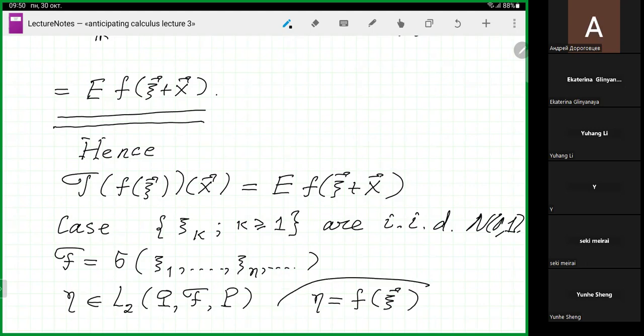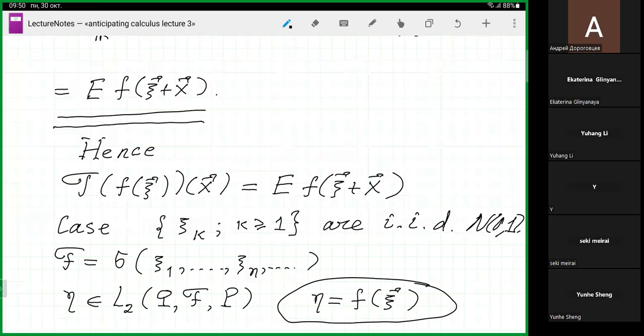And this representation was useful not only in understanding the Fourier-Wiener transform, but also in the following step. You remember we organized an orthogonal basis in which space?